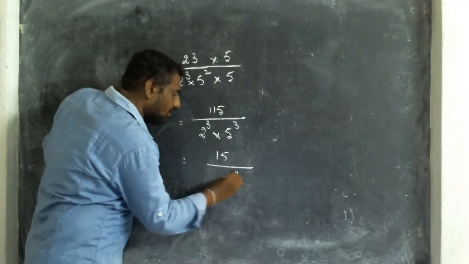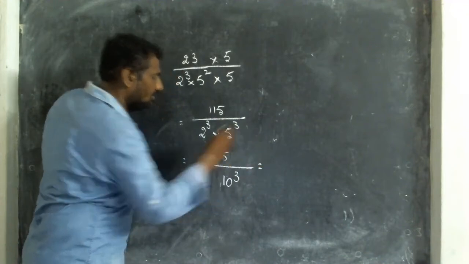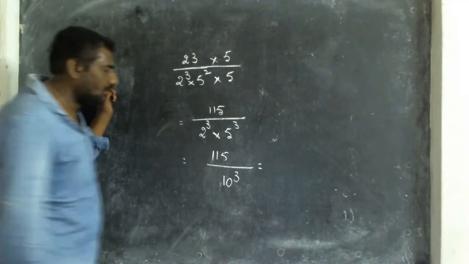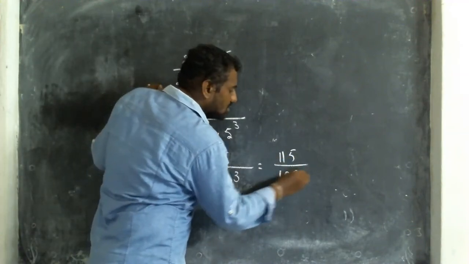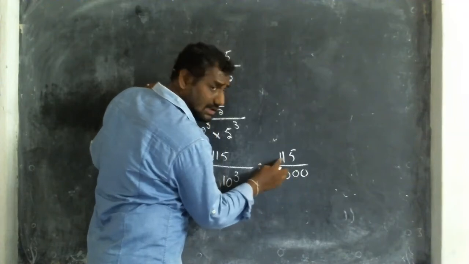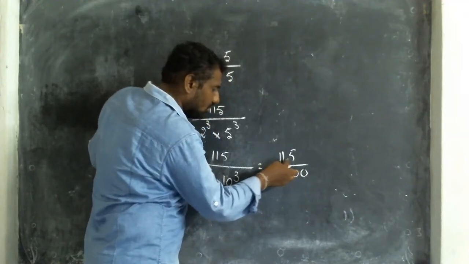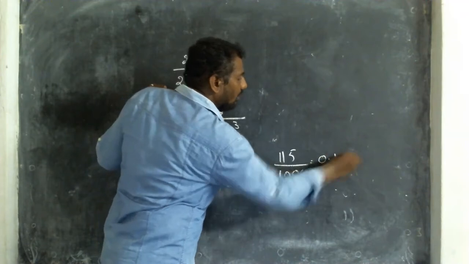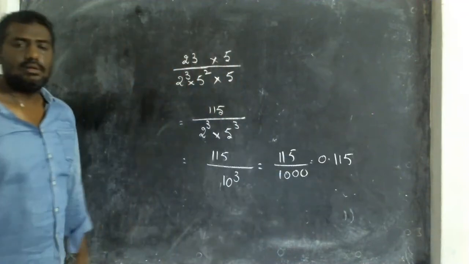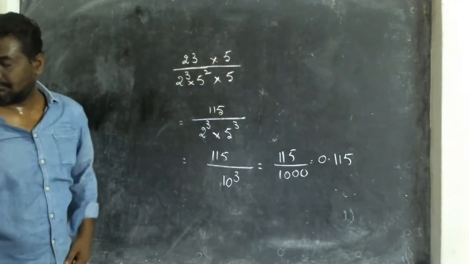So it is 10 power 3. 115 by 10 power 3, we can write as 1000. 3 zeros, 3 numbers are there. Count from 1, 2, 3. Then you put the decimal here: 0.115.